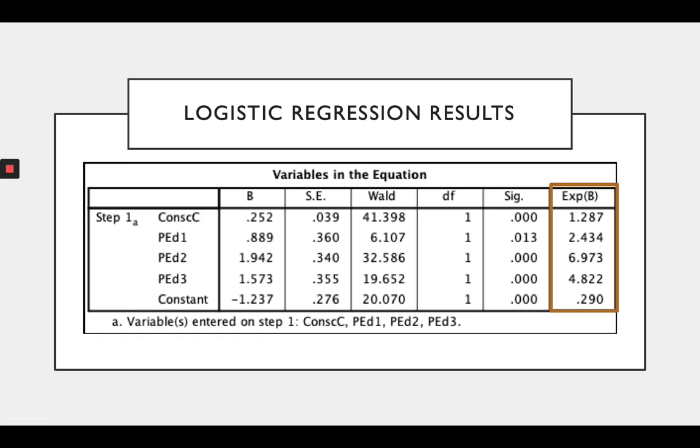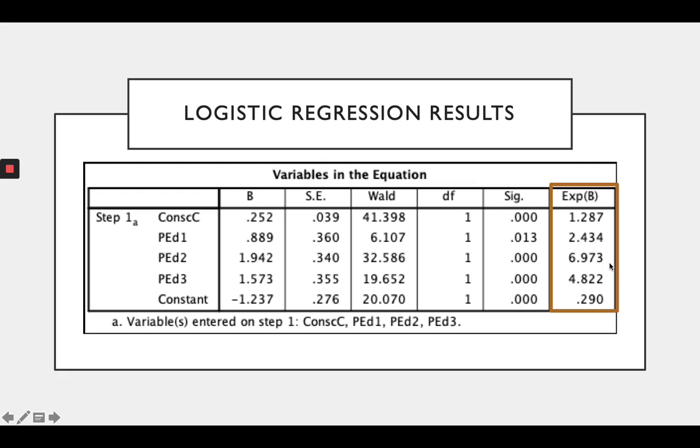So the odds ratio indicates that when holding all other variables constant, a person whose parent has graduated high school is 2.4 times more likely to graduate than a person whose parent did not graduate high school.